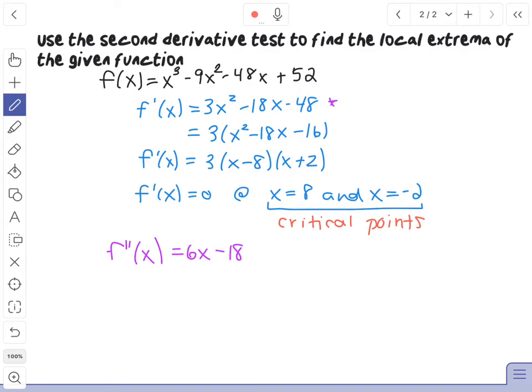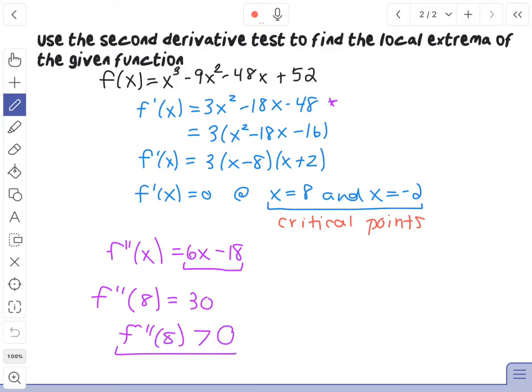So now what we want to ask ourselves is what is the value of the second derivative at our critical points? If I plug in 8, our first critical value, I can see that 48 minus 18 would be 30. So in other words, the second derivative at that critical point was greater than 0.